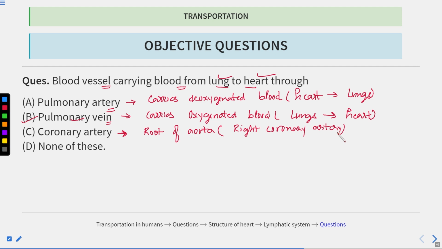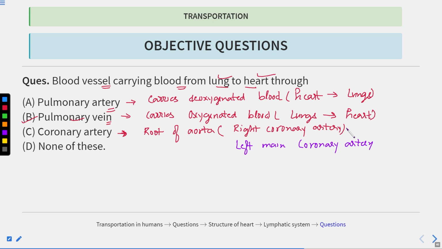So one is the right coronary artery and the other one is the left main coronary artery. These two kinds of coronary artery carry oxygenated blood.